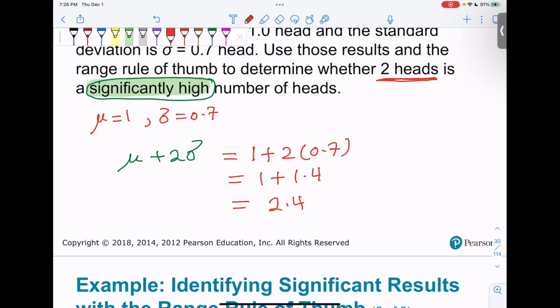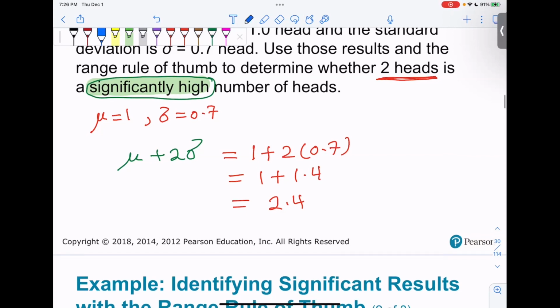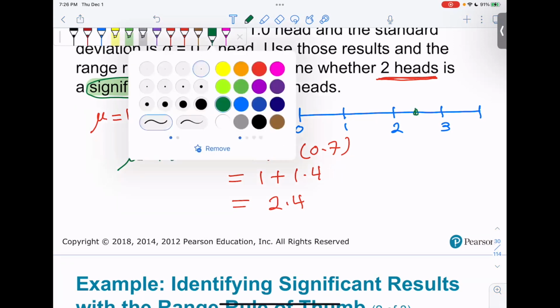Let's say it like this. The number of heads is 0, 1, 2, and so on, 3. Here we have 2.4, somewhere here.